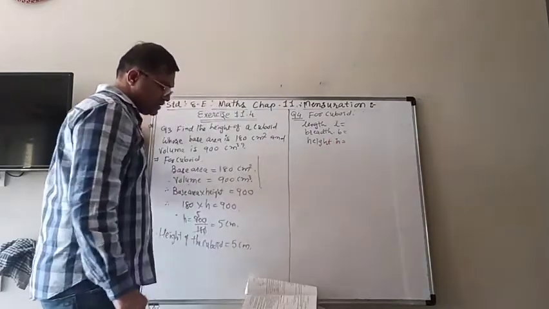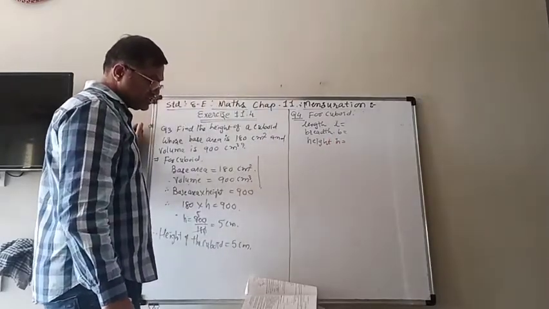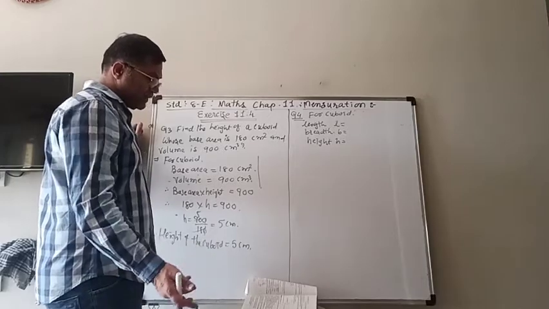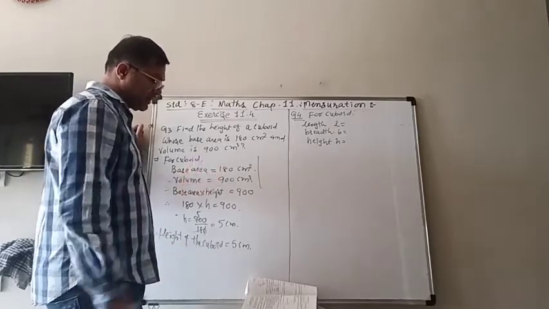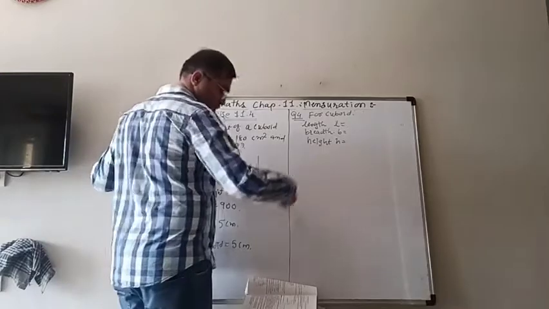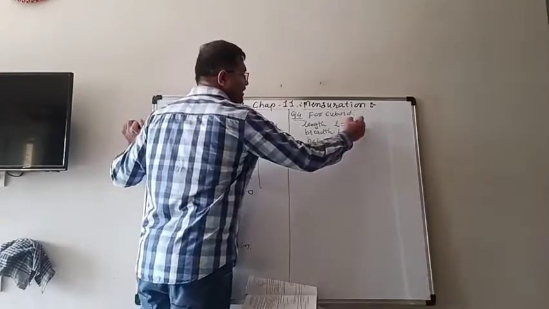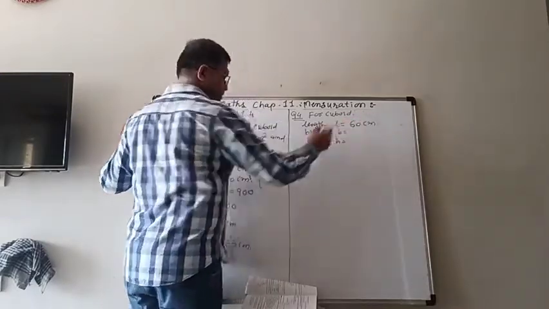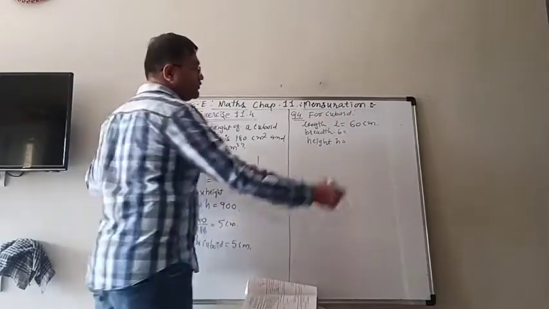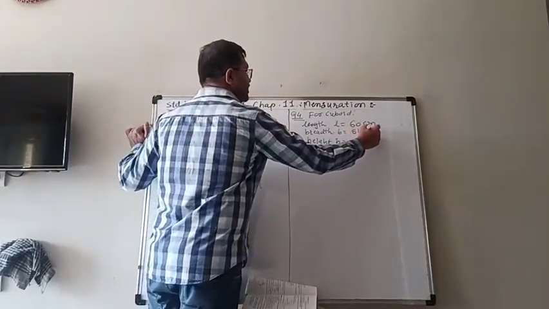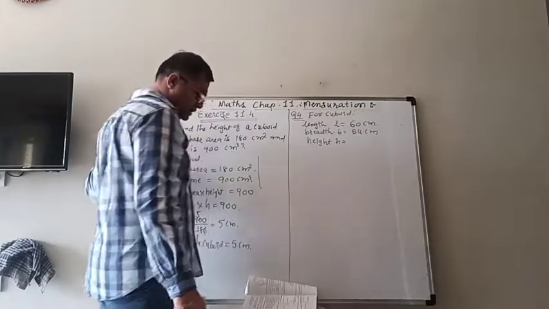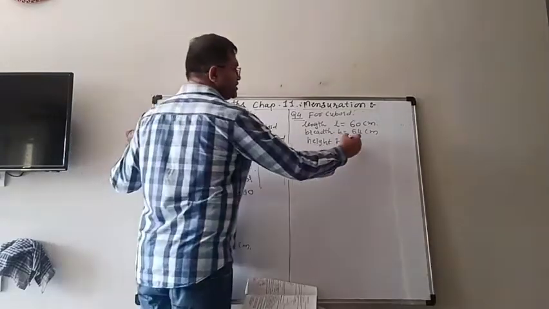The dimensions given are 60 centimeter multiplied by 54 centimeter multiplied by 30 centimeter. So the first one is the length, multiplied by the second, 54 centimeter, that we can take as breadth, and the third, height, is 30 centimeter.